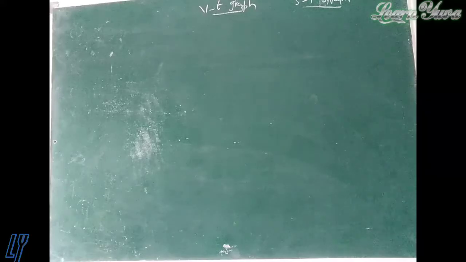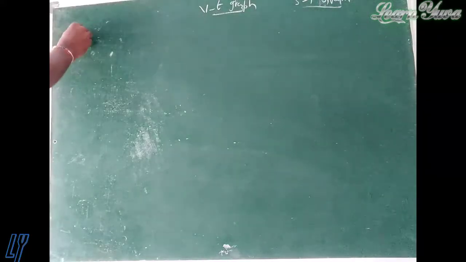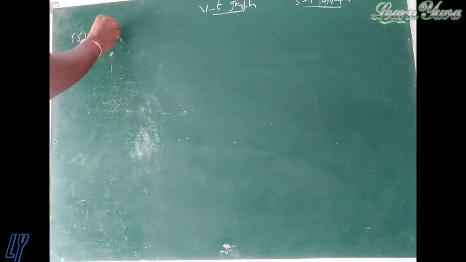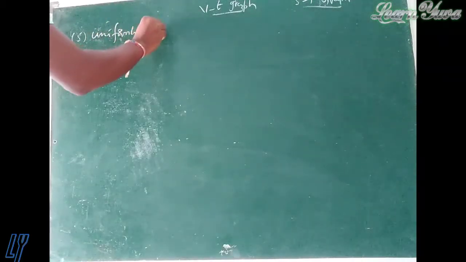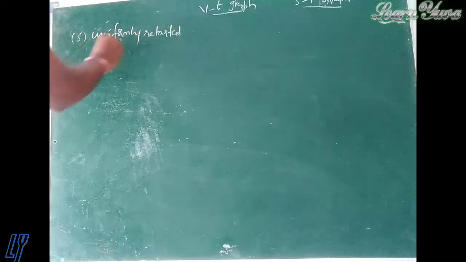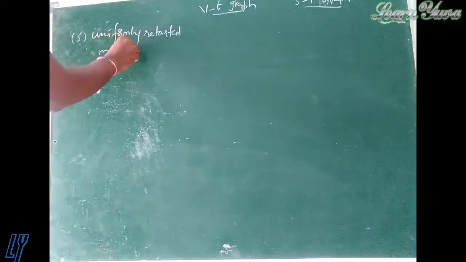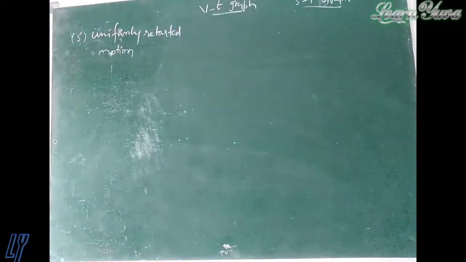Next one, uniformly retarded motion. Uniformly retarded motion means its velocity goes on decreasing.